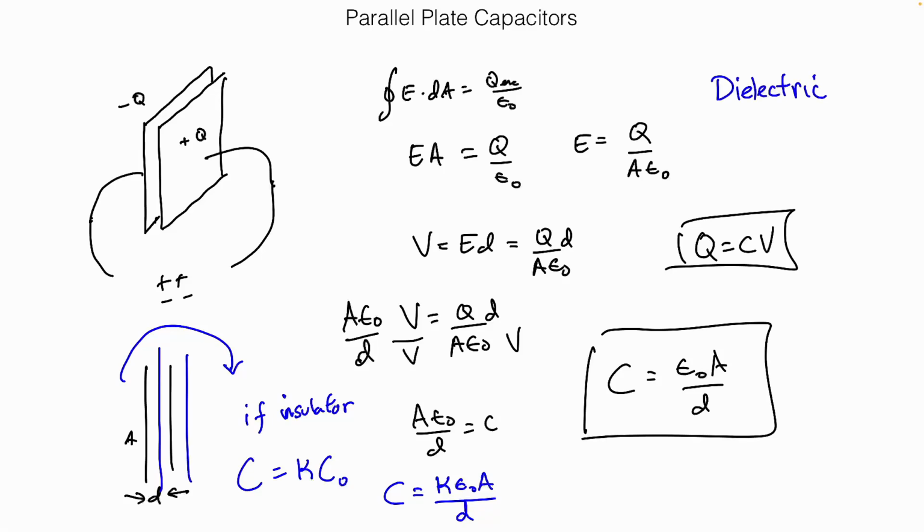Dielectric. Fancy word for something that insulates, okay? So it's called the dielectric constant, and it is different for different insulating materials. Not the metallic part of the capacitor, but the insulator part of the capacitor.